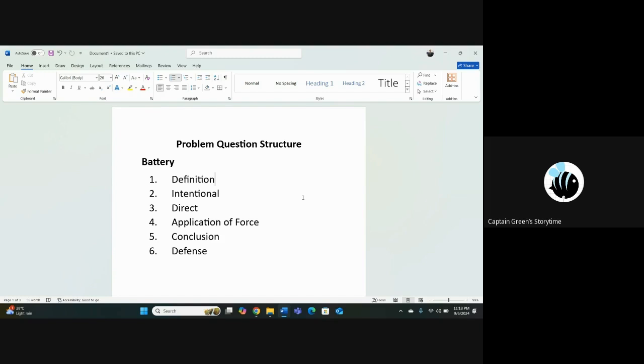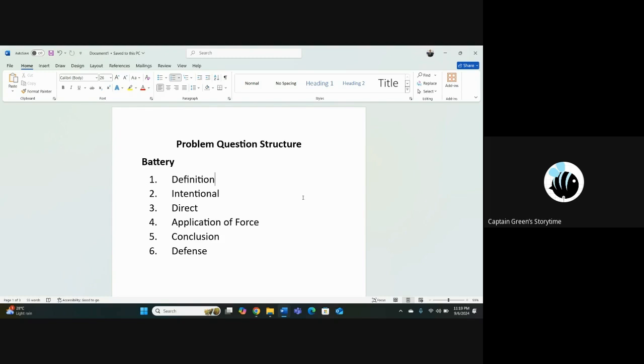We studied that battery is an actual infliction of unlawful force on another person. We also studied that there is no proof of injury required as it is actionable per se. Then we noted down some important points regarding directness and also studied the exceptions to it according to the cases of Purcell and Scott v Shepherd.